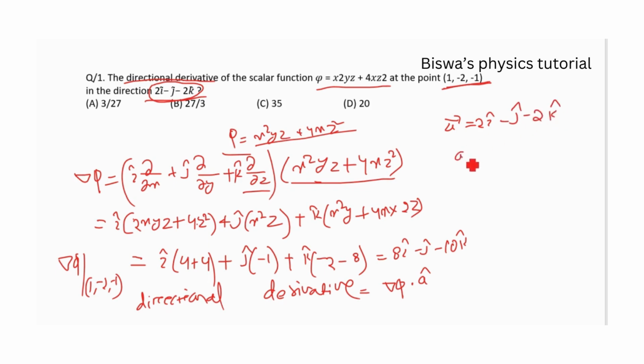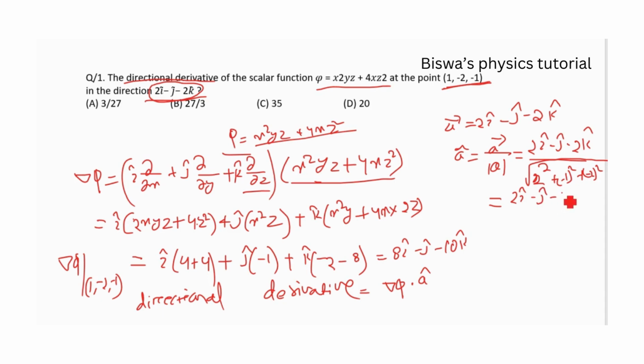So make it a unit vector using the formula: vector divided by its modulus. So 2 i cap minus j cap minus 2 k cap divided by the square root of 2 square plus (-1) square plus (-2) square. We get 2 i cap minus j cap minus 2 k cap, whole divided by 3. This is our unit vector.